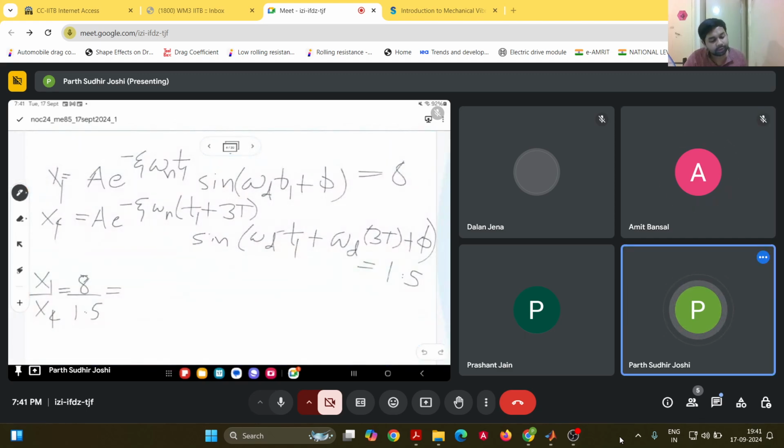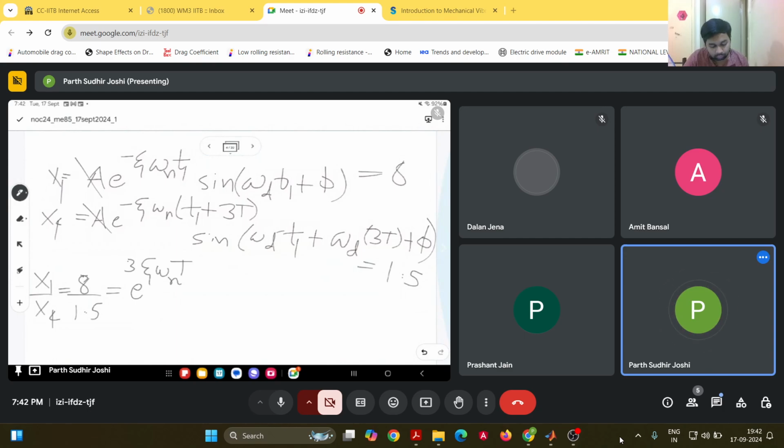If we divide x1 by x4, the A cancels, and we get e to the power minus zeta omega n into t1, divided by e to the power minus zeta omega n into t1 plus 3T. The numerator becomes e to the power zeta omega n into 3 time periods T, multiplied by sine of omega d t1 plus phi, over sine of omega d t1 plus omega d into 3T.